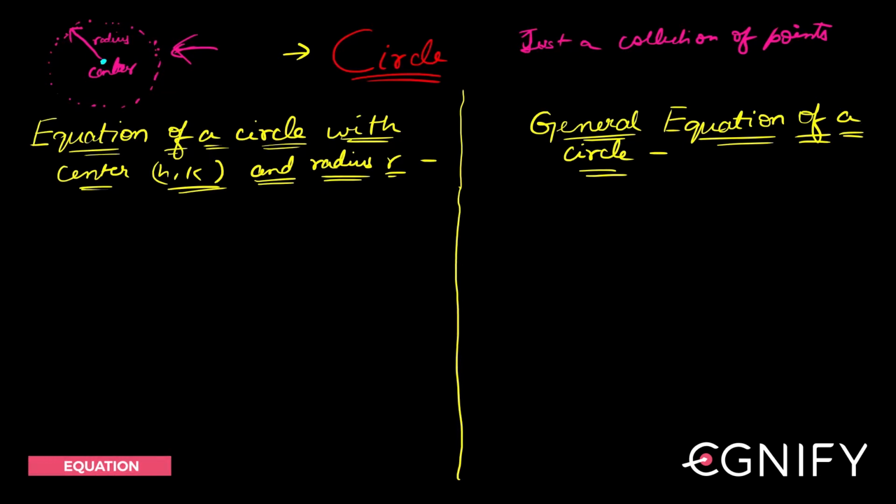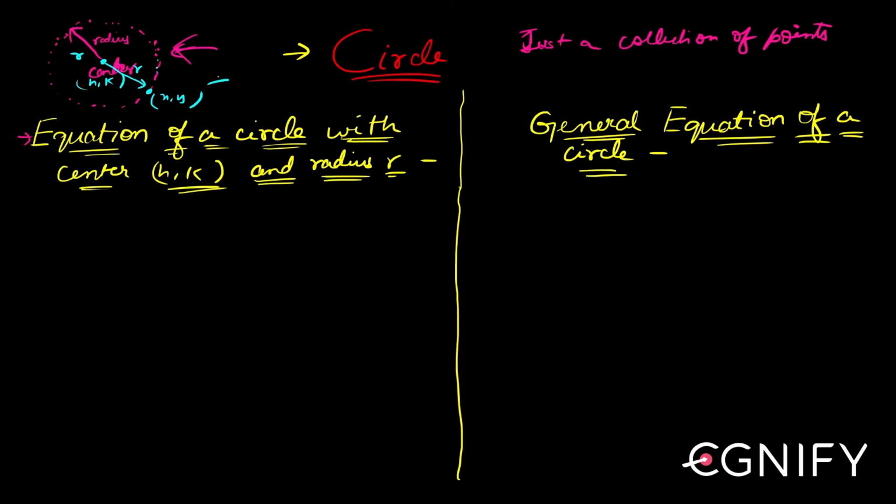So let us now look at the equation of a circle with center h, k and radius r. How do we find the equation of this? The center is h, k, the radius is r, right? And this fixed point, let it be x comma y. Because this x comma y is at a distance r, all these pink points will be at the same distance r, so any of them can be your x, y.